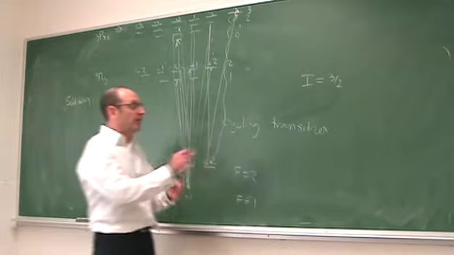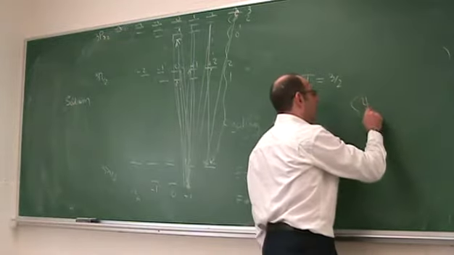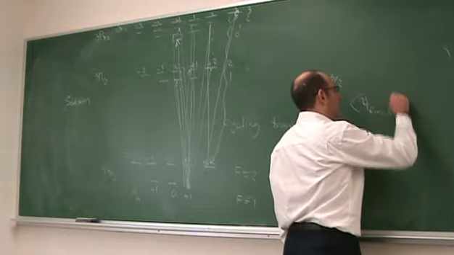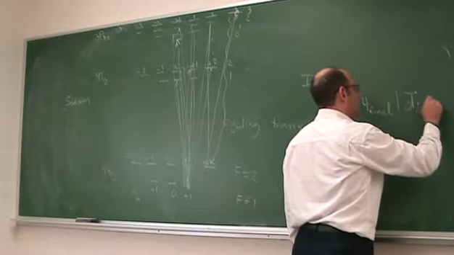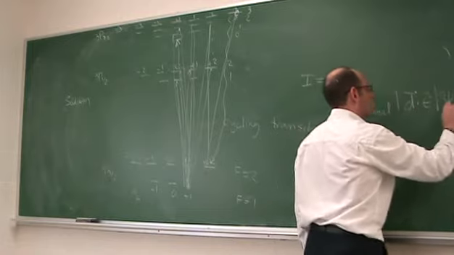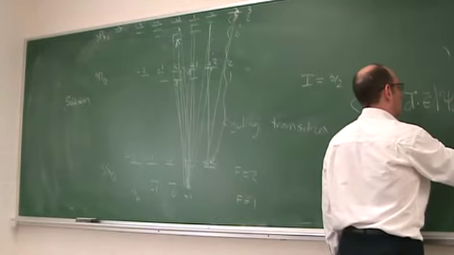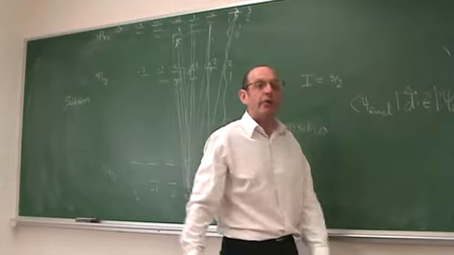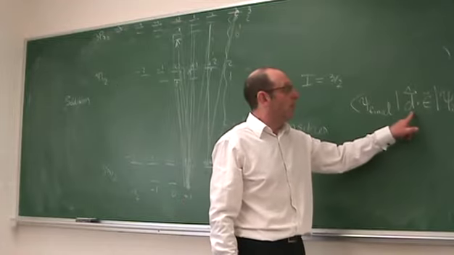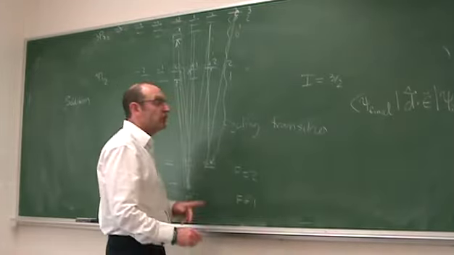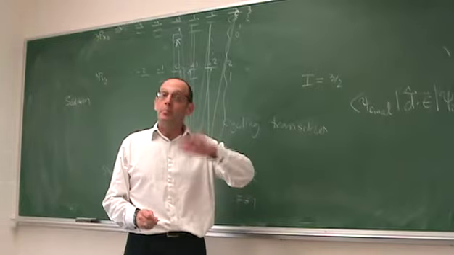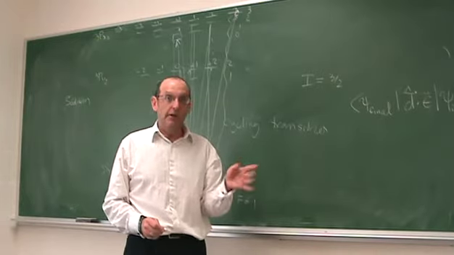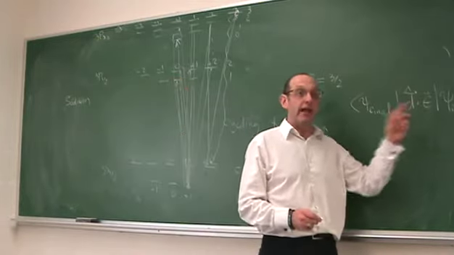And in particular, what we had was the matrix element between the initial state and the final state of that operator, right? So whether Q is 0, +1, or -1, depends on the polarization of light.